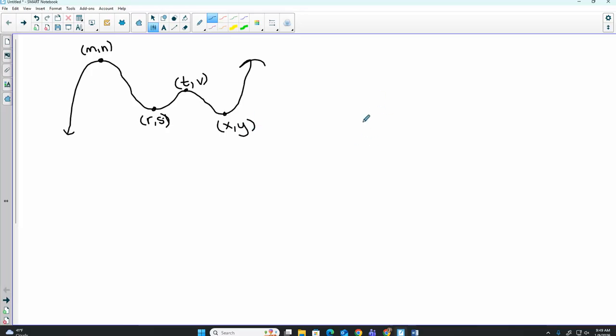So let's say this was your graph. What is the minimum possible degree of that polynomial? Well, okay. Save that thought. You're answering the absolute min. I'm asking what would be the smallest possible power for this?